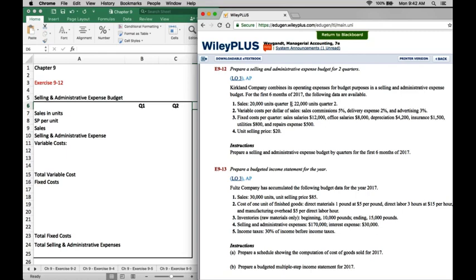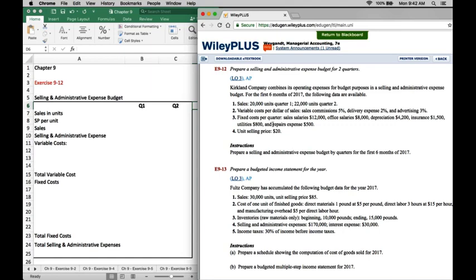For the first 6 months of 2017, the following data is available. The sales in quarter 1 is going to be 20,000 units. In quarter 2 it is going to be 22,000 units. The variable cost per dollar of sale: sales commission is 5% of sales, delivery expense is 2% of sales, and advertising is 3% of sales.